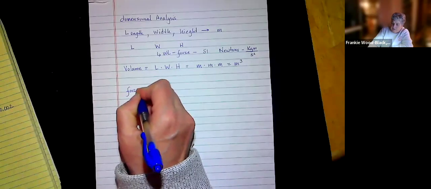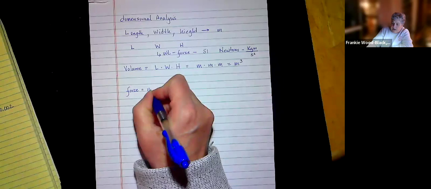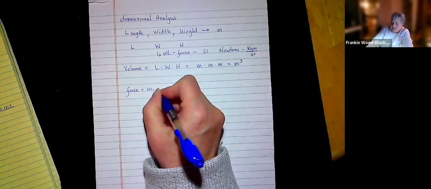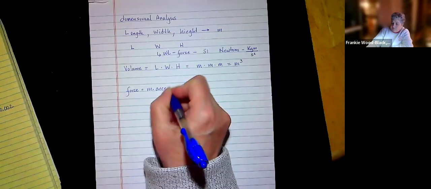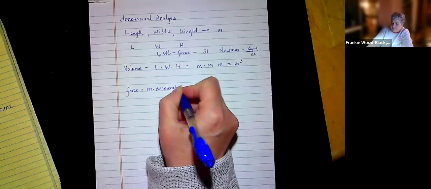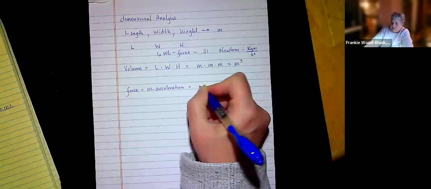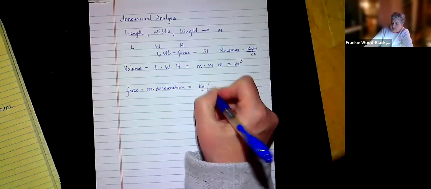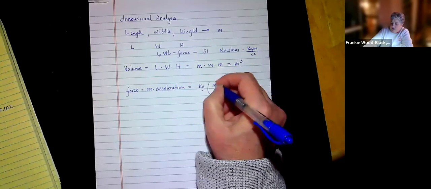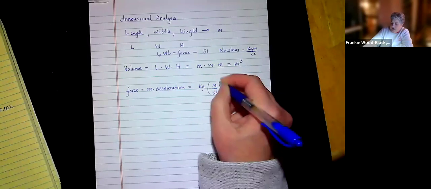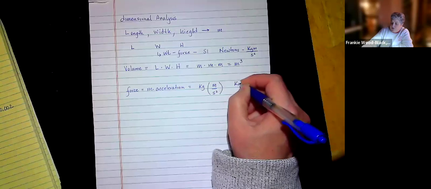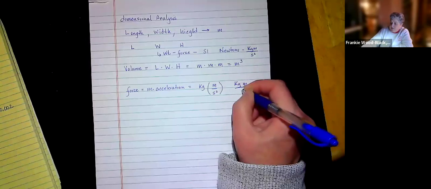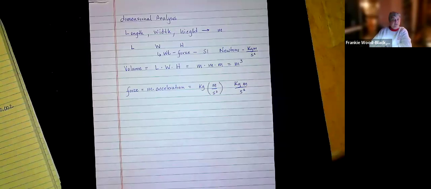So if I'm looking at an equation that says my force is equal to mass times acceleration, and my units are now kilograms, and acceleration is in units of meters per second squared, now I've got units of kilograms meters per second squared, and life is good.